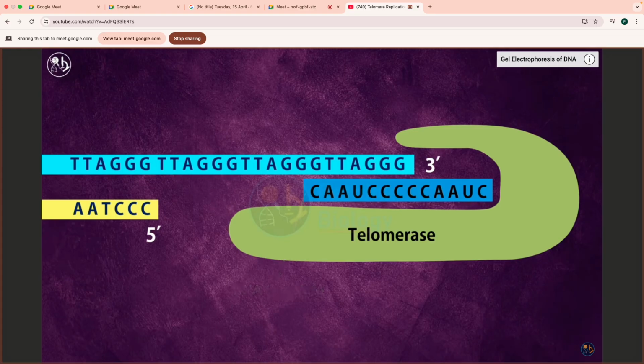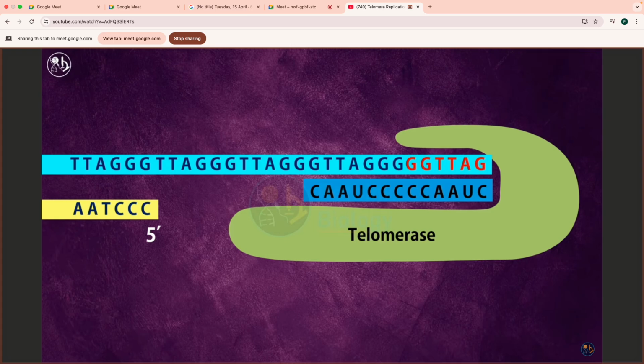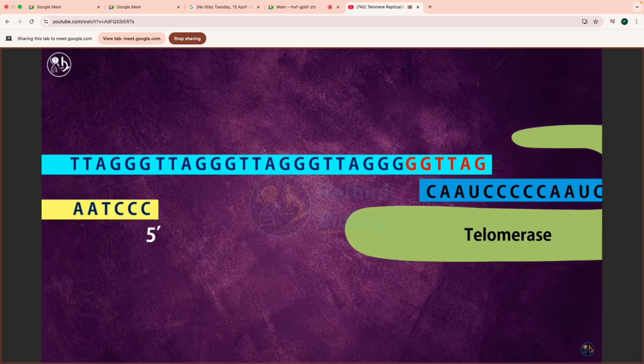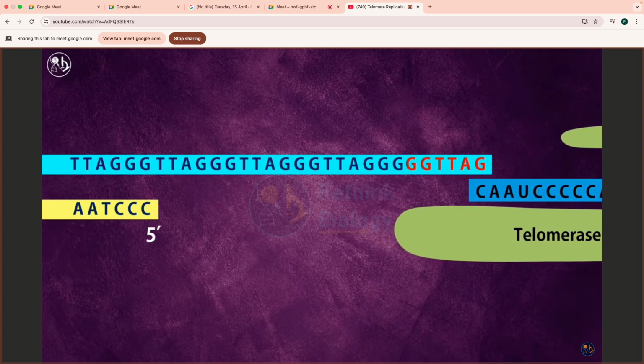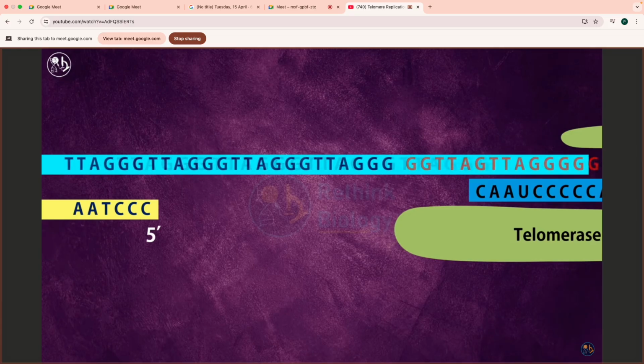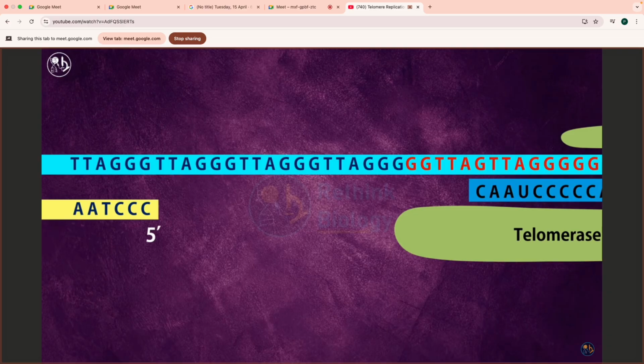Telomerase binds and elongates the ends of the parental strand by adding more copies of the repeated sequence in the 5' to 3' direction as it moves down the parental strand. This is termed RNA-templated DNA synthesis, which occurs via a reverse transcription mechanism.